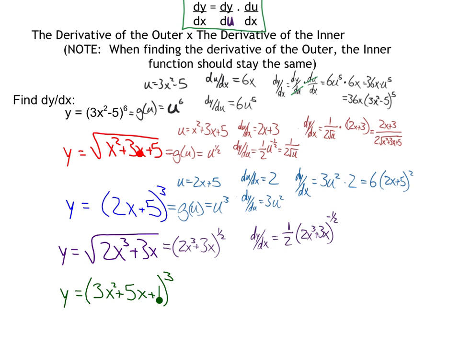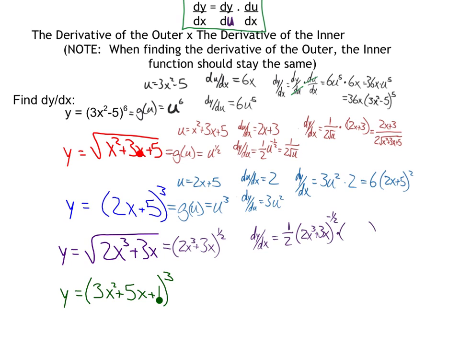Again, notice here, the inside is still identical to what it was when we started, because I'm just taking the derivative of that something to the 1/2 power. It's 1/2 times something to the negative 1/2 power. But now, here's where the du/dx comes in.